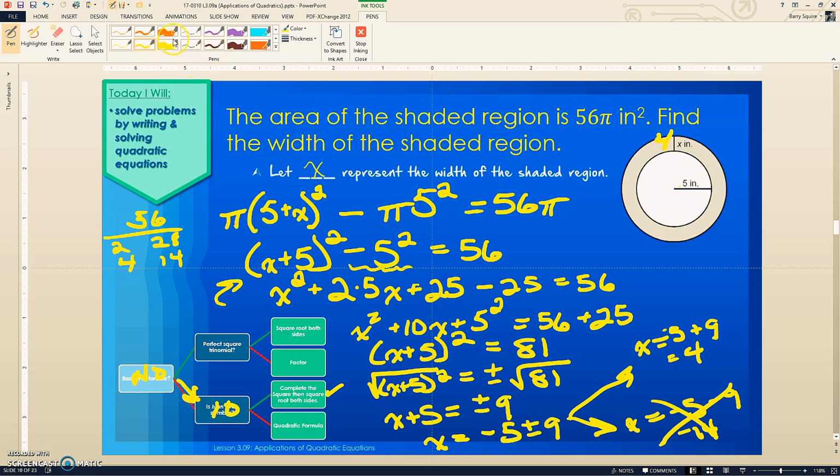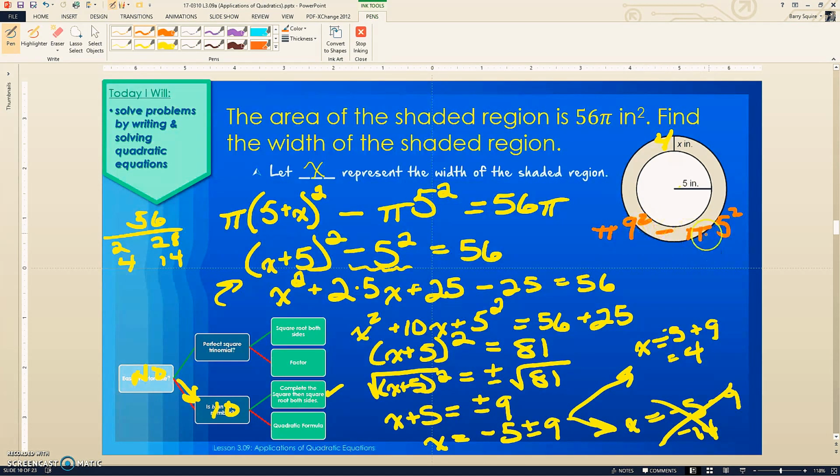I need more space. Okay, so I'm going to take this 9-inch radius circle. That's going to be pi times 9 squared minus pi times 5 squared.